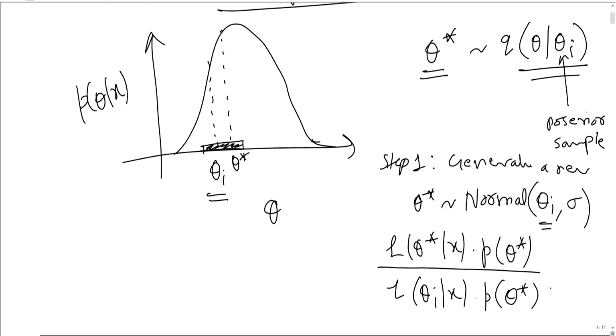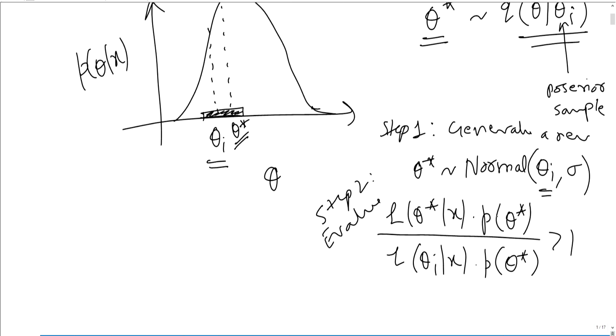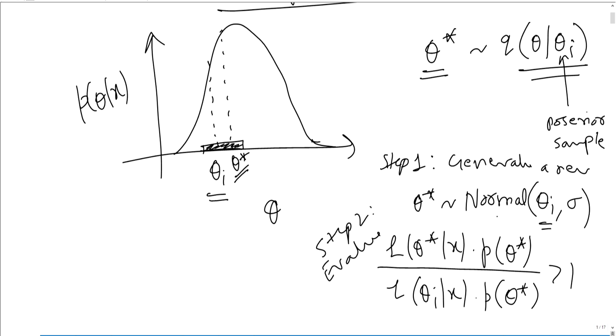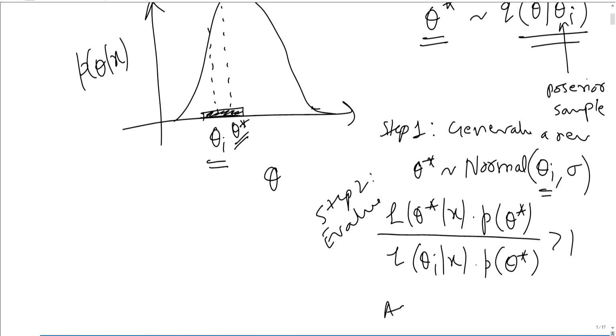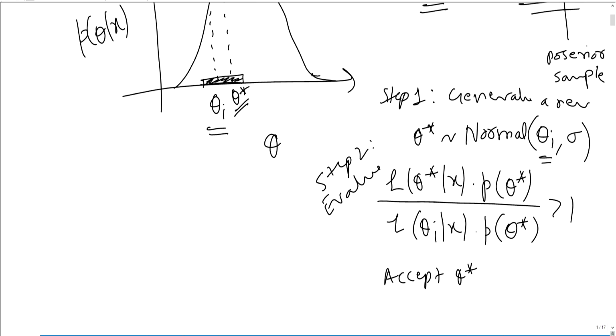So, if this is the case, then you would accept this new proposal theta star. This is step 2 where you are evaluating the proposal. Okay. So, if this ratio is greater than 1, so basically the posterior density of theta star is greater than that of the current state of the chain, then you would accept theta star as a new sample from the posterior.